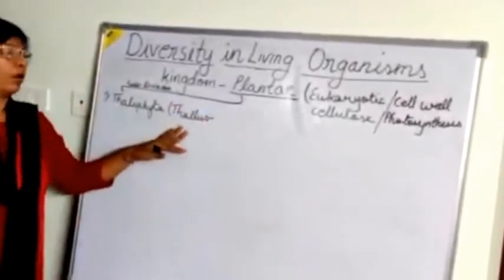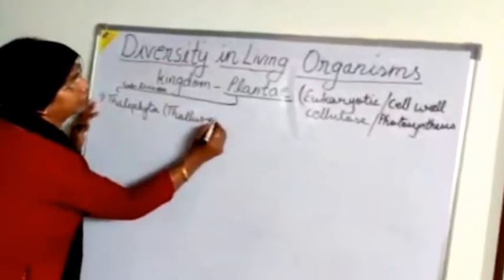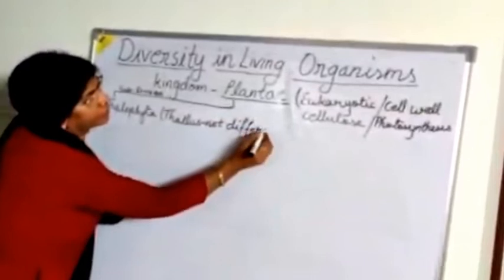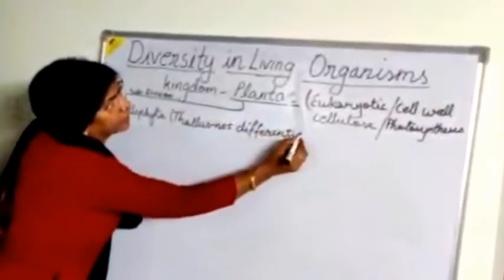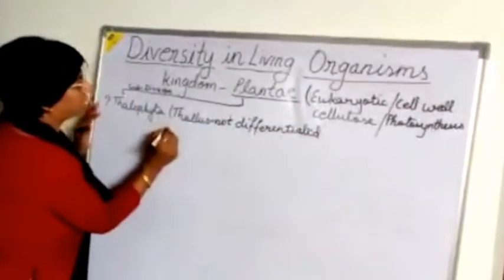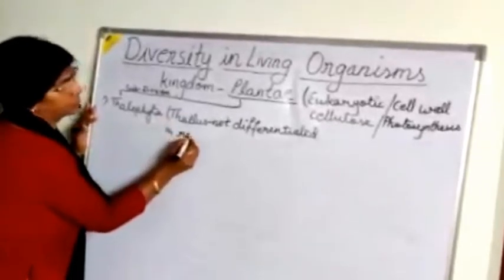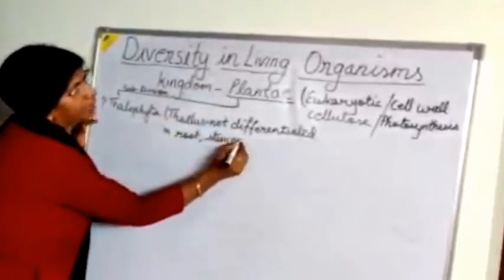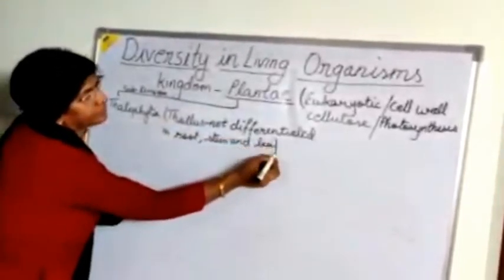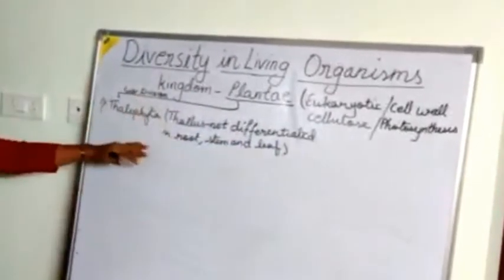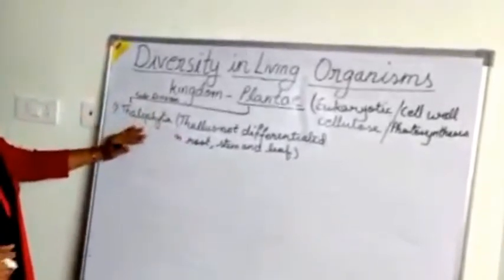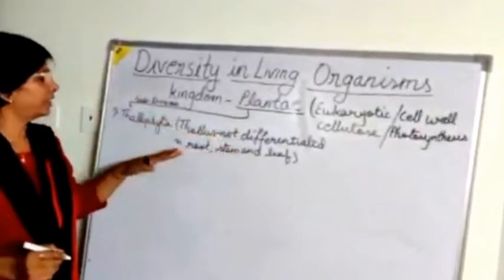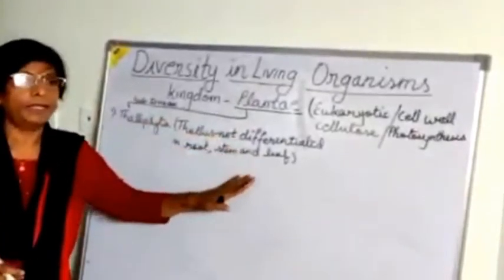That means the body is not differentiated into root, stem, and leaf. Okay, so what is the meaning of Thallophyta? The thallus is not differentiated into root, stem, and leaf.